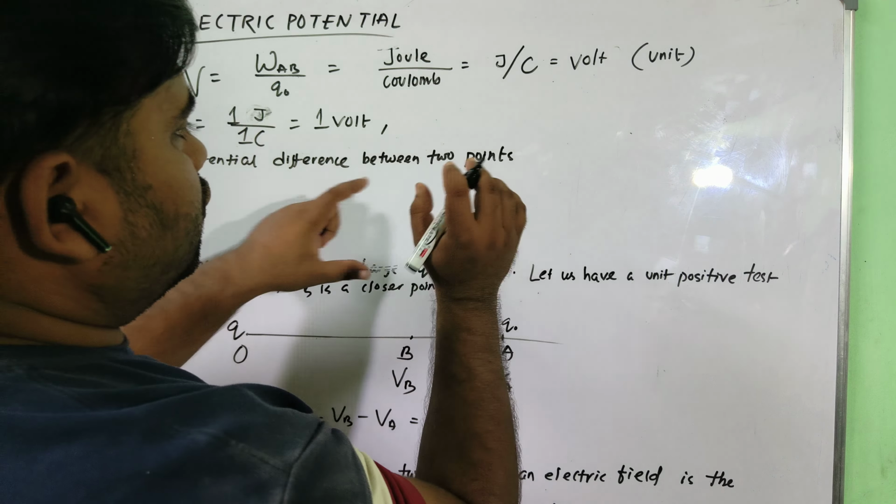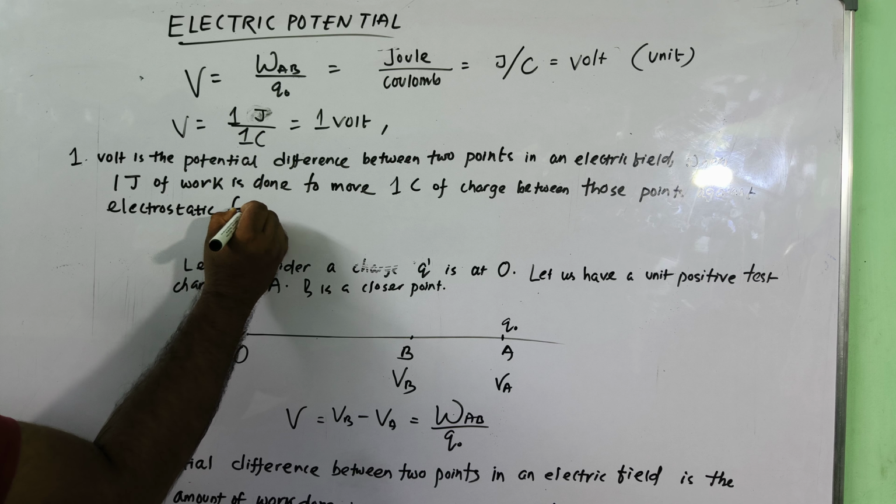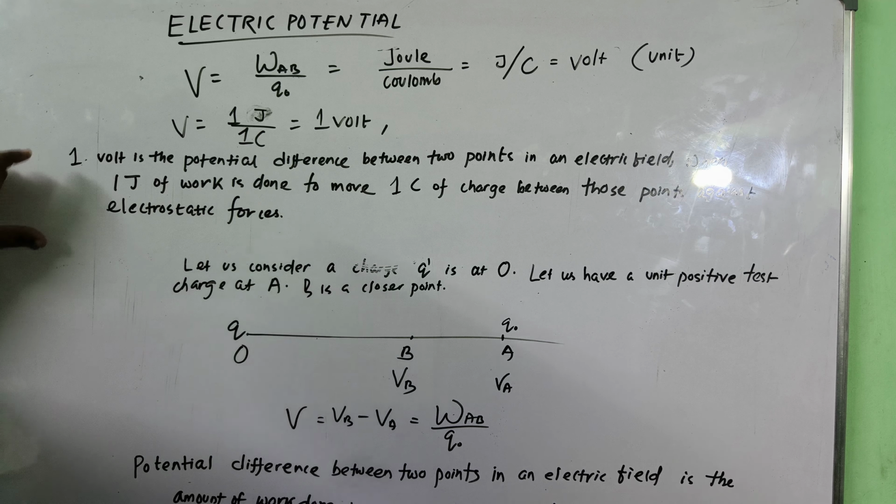What is the amount of charge? Move 1 coulomb of charge between those points against electrostatic forces. This is the definition of 1 volt. You can write it according to you.